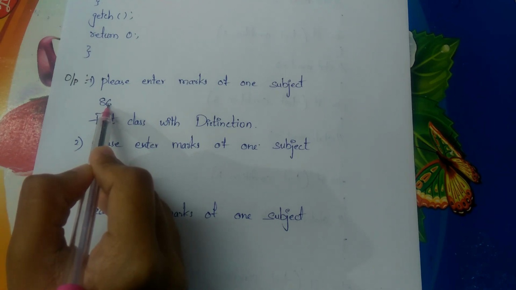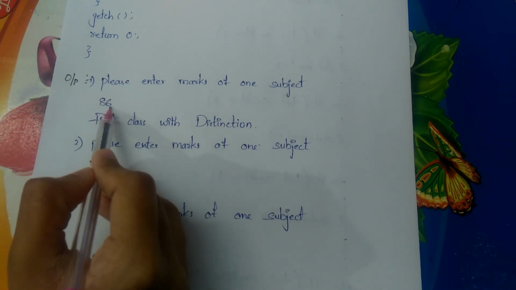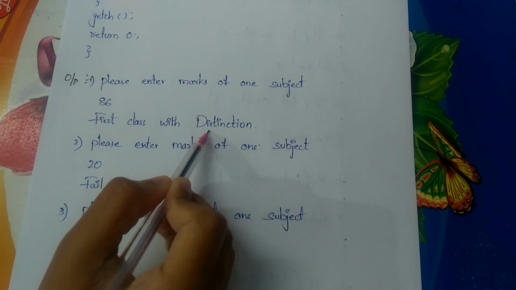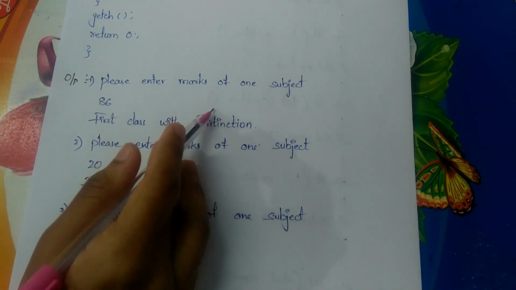Again in that if else statement we have the test condition 2, that is marks greater than or equal to 70. Now that condition will be checked with 86. Now 86 is greater than or equal to 70. Yes, the statement is true. Now in the if block we have one statement, that is first class with distinction. So that statement will be executed. That is first class with distinction. This is the first output.